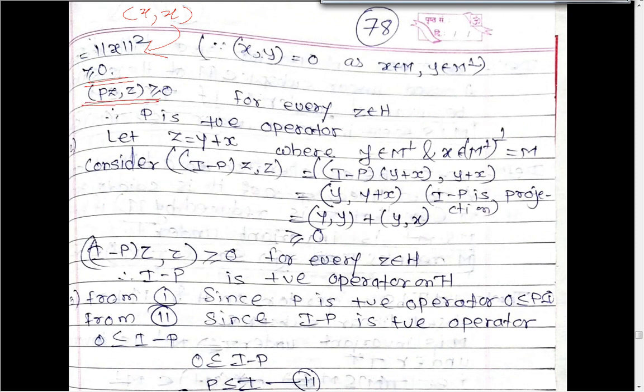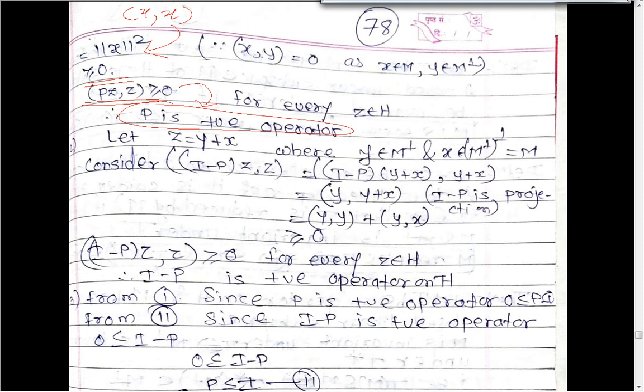So inner product of Pz and z is greater equal to 0. And in this sense, P is called positive operator. Positive operator means inner product of Pz and z is non-negative for every z belongs to H.